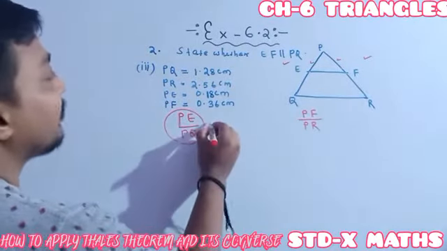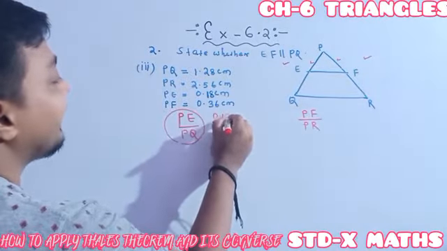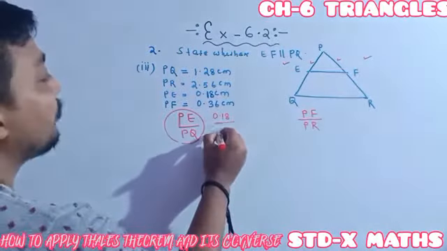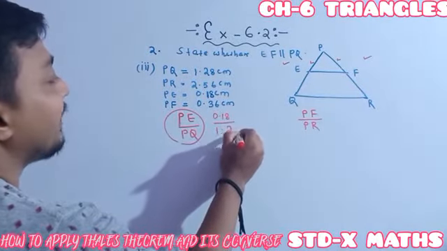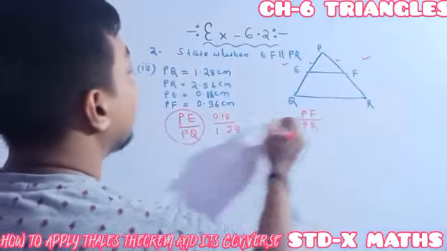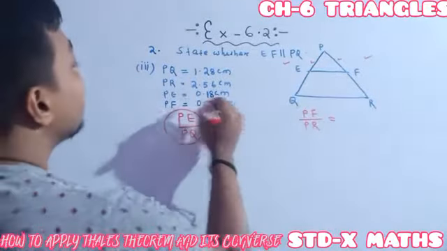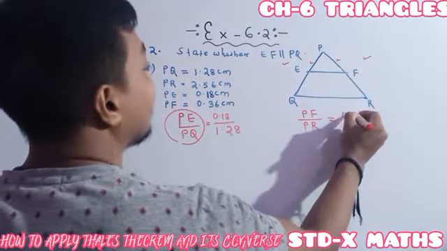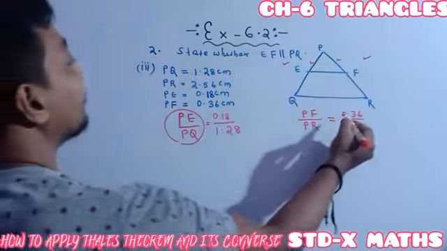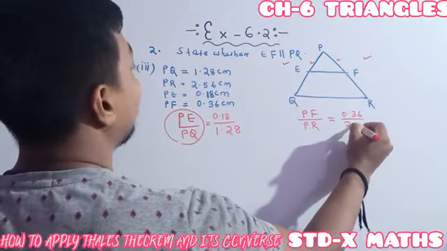See, here PE is 0.18 divided by PQ, 1.28, and here PF is 0.36 divided by PR, 2.56.